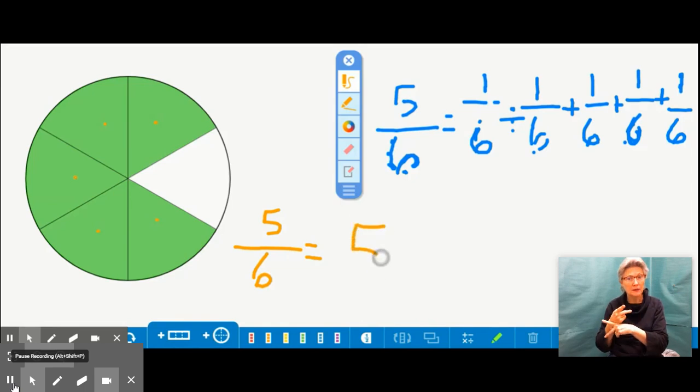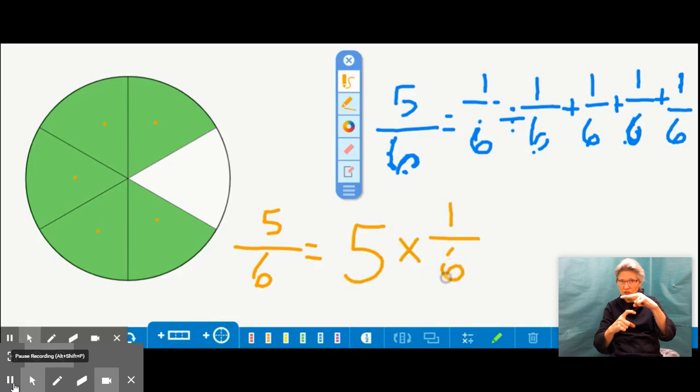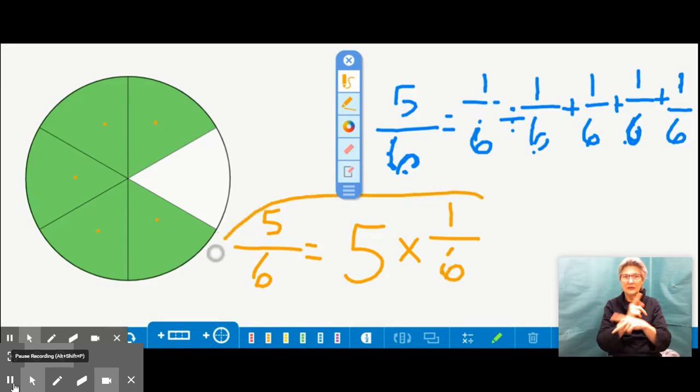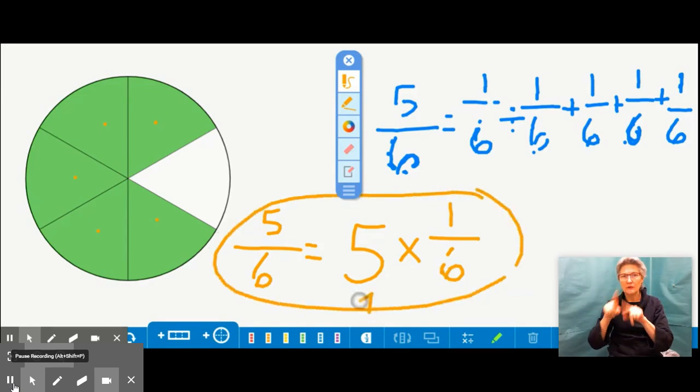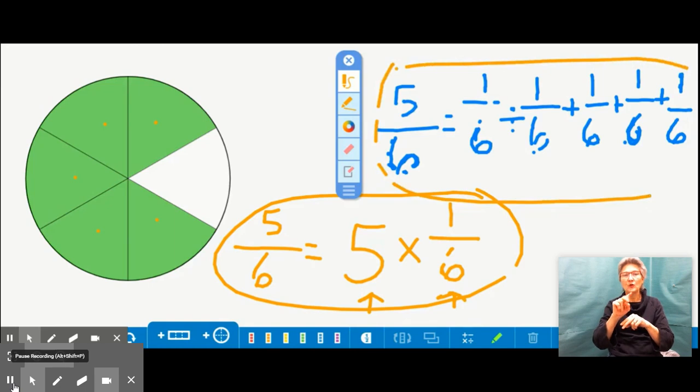So that was 5 times my unit fraction, and again, that unit fraction being one part of the whole. So 5 times 1/6. So here it is as a product of a whole number. There's my 5, my whole number, and a unit fraction. And we solved it as a sum of the unit fraction. So now you're going to have a chance to try that on your own.